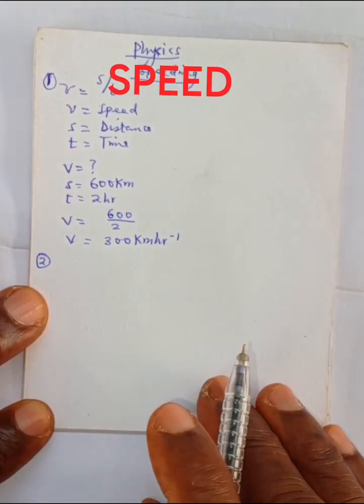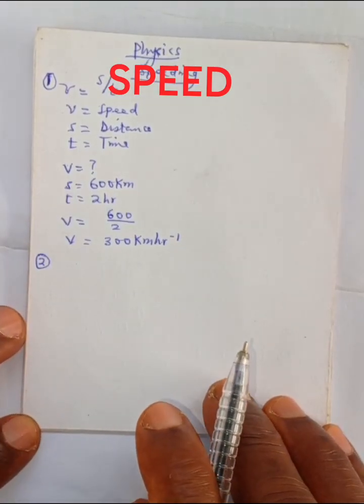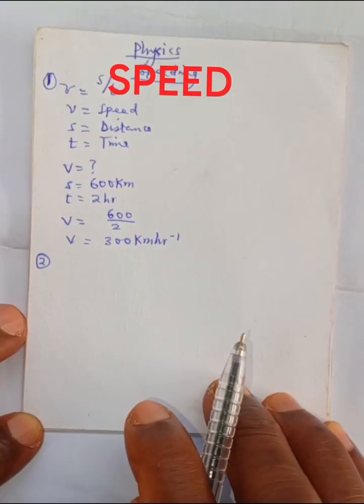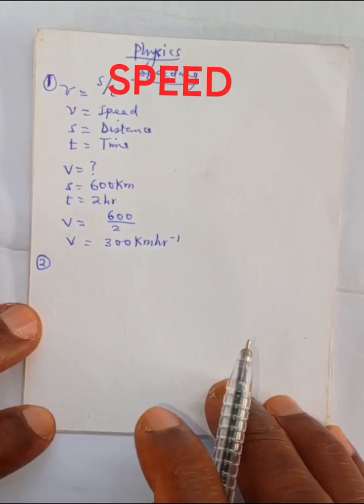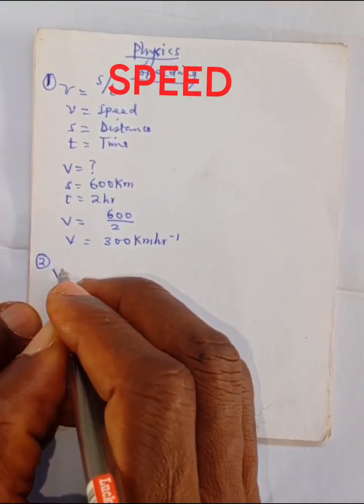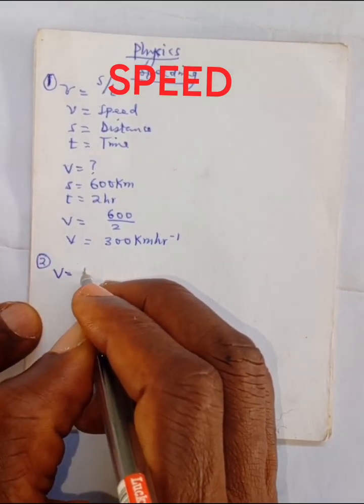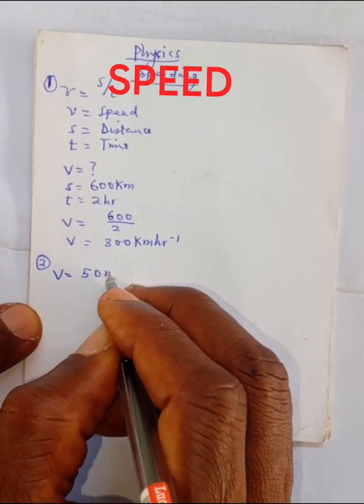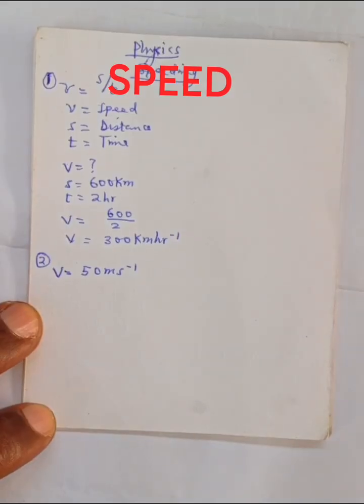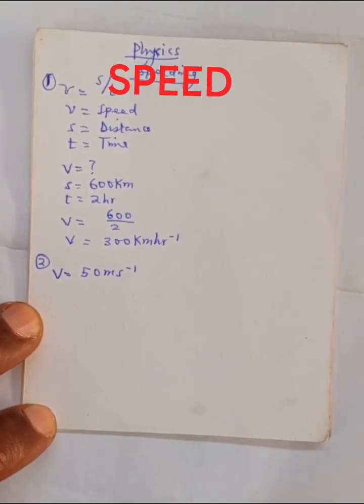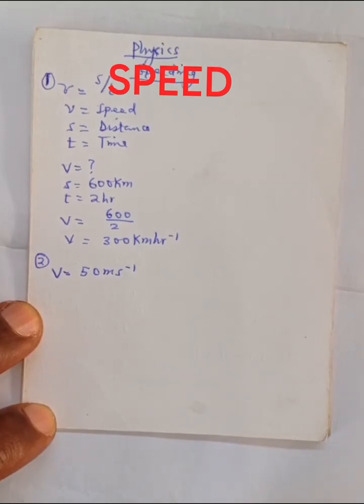A ball rolls off a table at a speed of 50 meters per second. What distance did it cover if it spent 10 seconds in the journey?